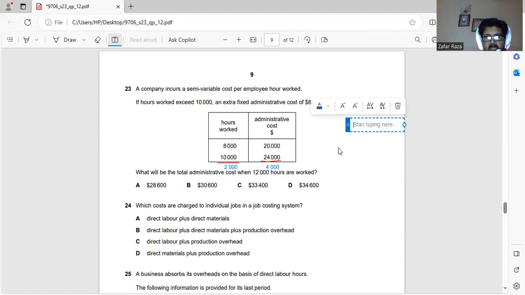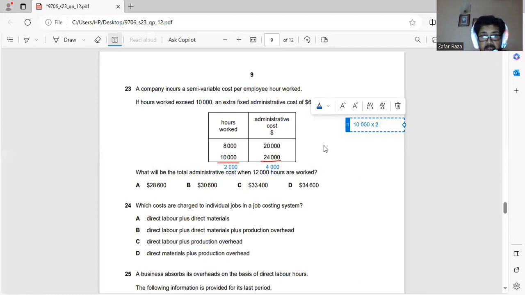Okay. So if we are making 10,000 units, $2 is a fixed cost, and at the rate of $2, we have to calculate fixed cost. Oh, sorry, I'm sorry.